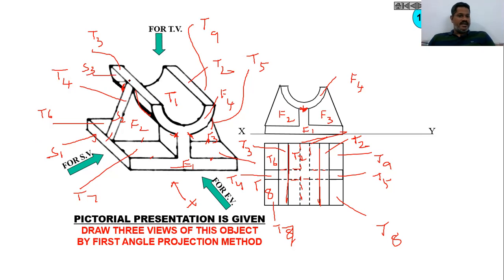It looks like a rectangular face, even though it is a curved shape. But when you see from 90 degrees to that face, it also looks like a rectangular face. Now we have one more face here, it is S4, side 4. So S1, S2, S3, S4, and finally we have one dotted line here.